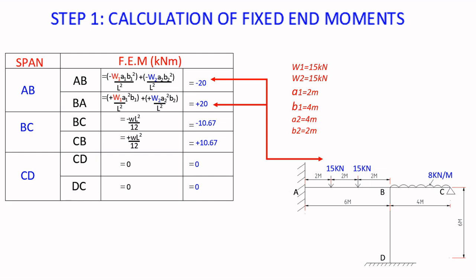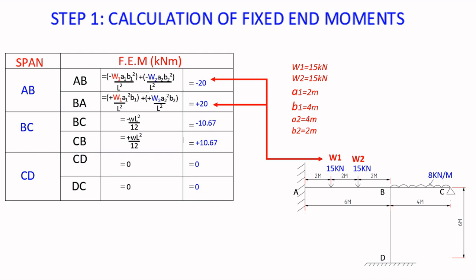Span AB has 2 point loads, W1 and W2. W1 is 15 kilonewton and W2 is also 15 kilonewton. W1 is 2 meters from support A and W2 is 2 meters from support B. So basically the two loads are equidistant from each other.